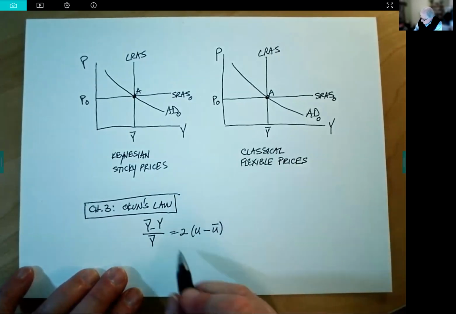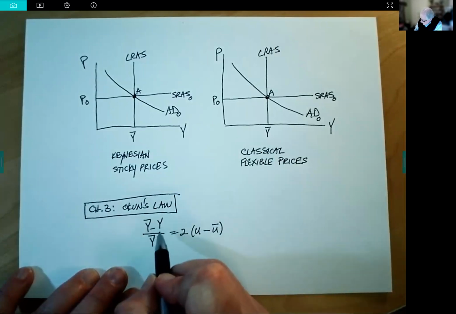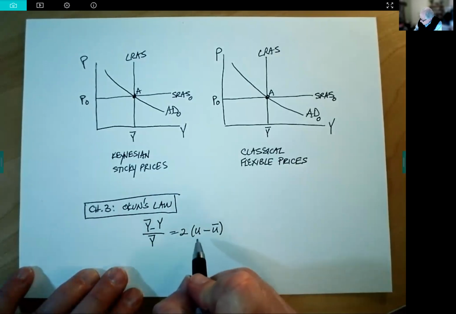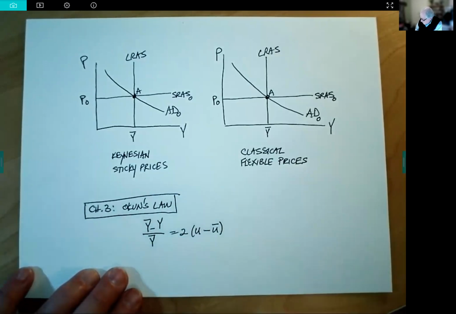The point here is that there's a direct relationship between how far away actual GDP is from potential GDP and how far unemployment is away from the natural rate of unemployment or full employment.